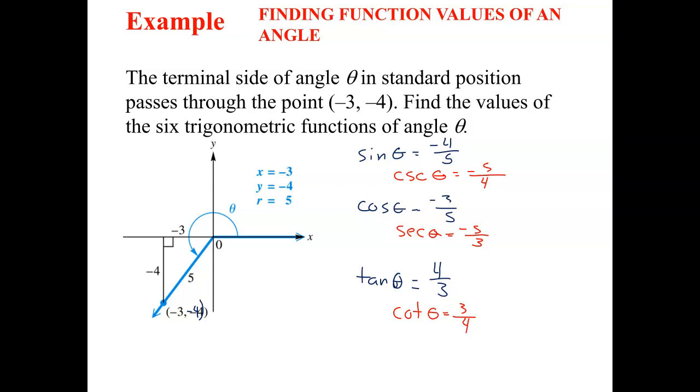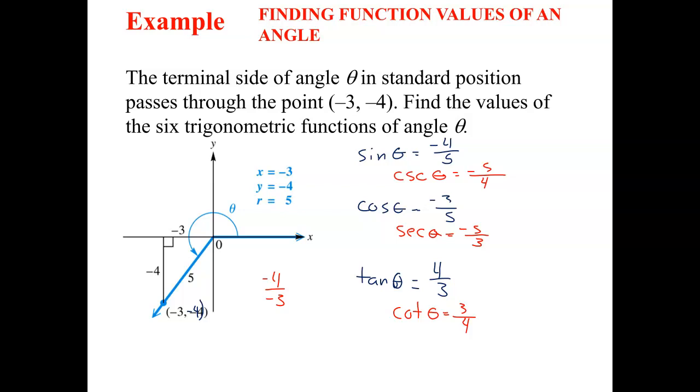So when you have -4 over -3, whenever you divide a negative by a negative, you get positive. And so that's what I was saying, be really careful with your signs. Sine, cosine, cosecant, and secant will all be negative, but because we're in quadrant 3, tangent and cotangent will be positive. And you'll find that to be true for every angle in quadrant 3.